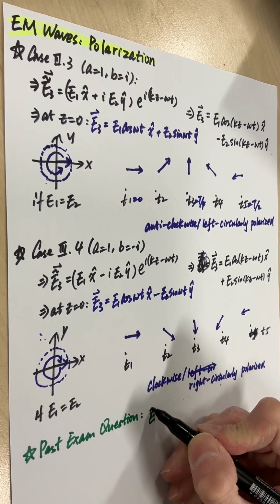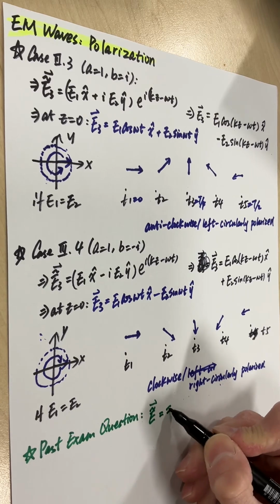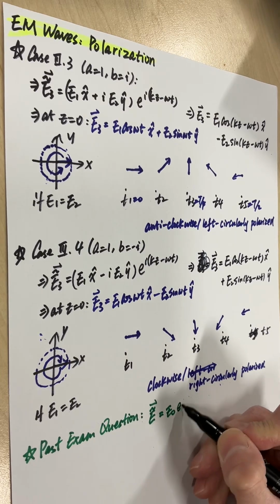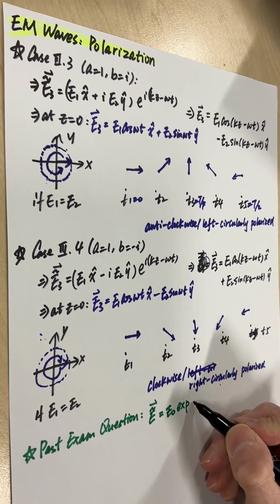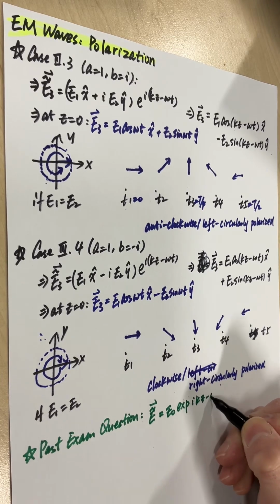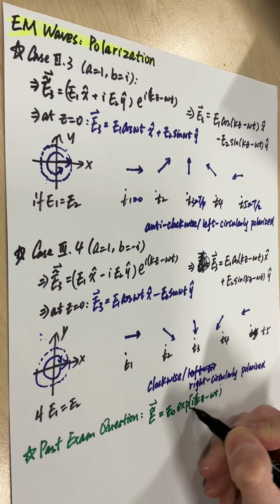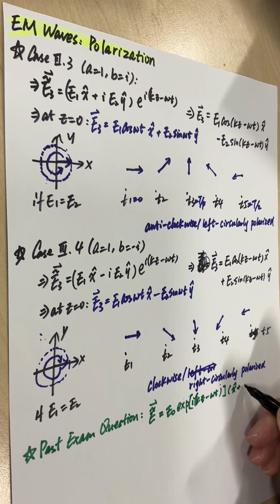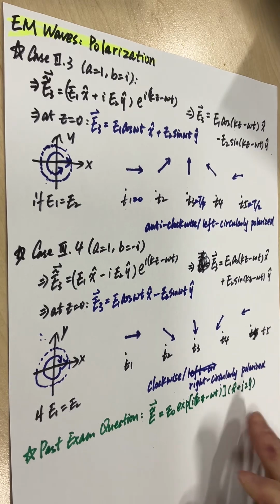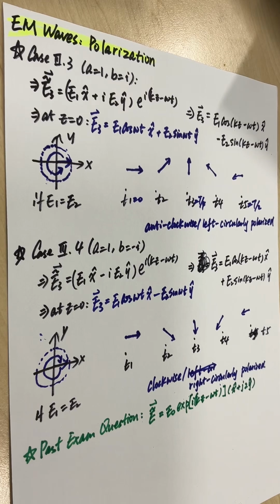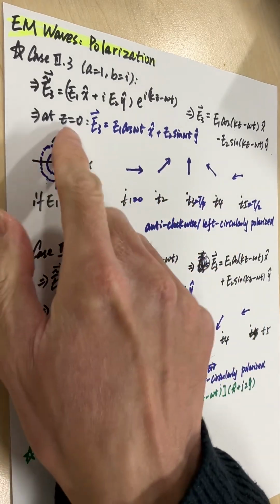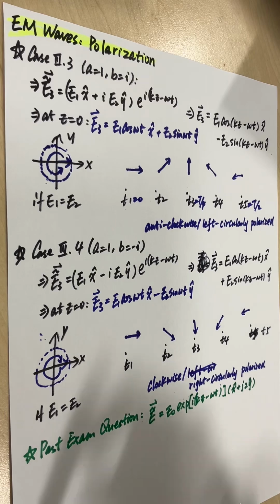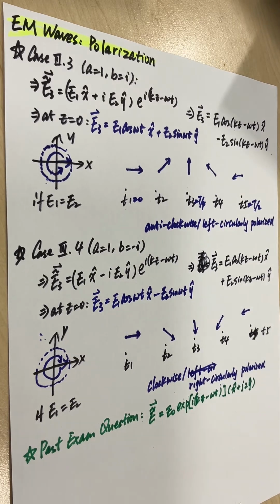So E equals E0, and then the exponential function i kappa z minus omega t. And then the polarization direction is expressed as x plus j2y. So here, in terms of the sign, it's the same as anti-clockwise polarization or left circular polarization.